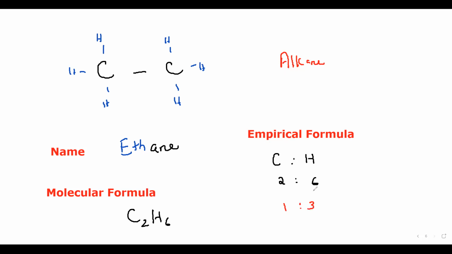So it means it contains 1 carbon atom and 3 hydrogen in the simplest ratio. So the empirical formula is C1 or CH3. So that's how we work out the empirical formula of the compound, by taking the simplest ratio between the atoms which are present in the structure.